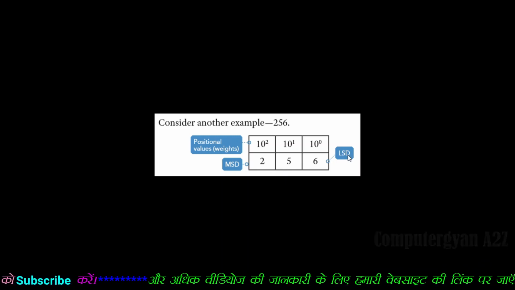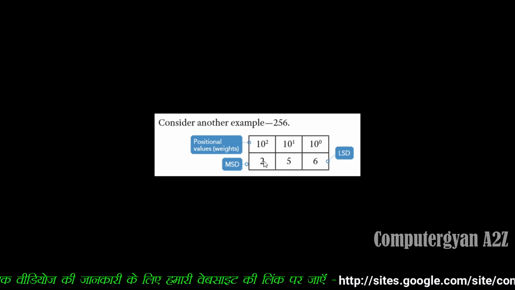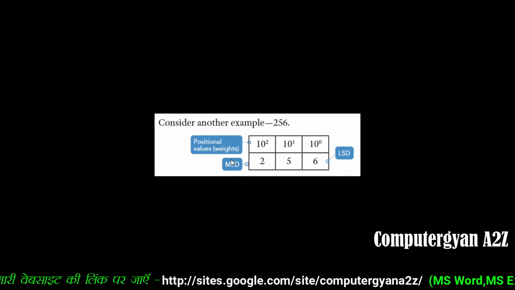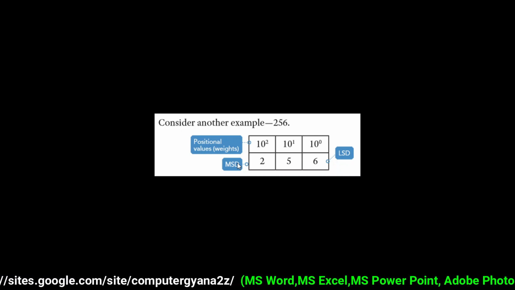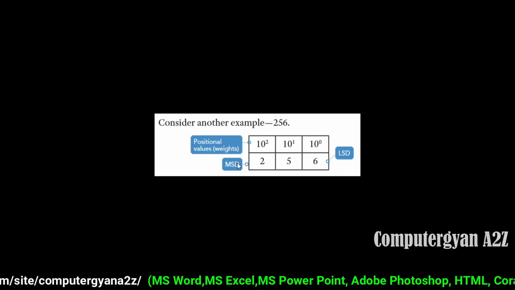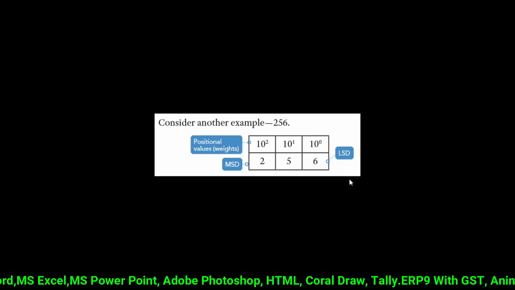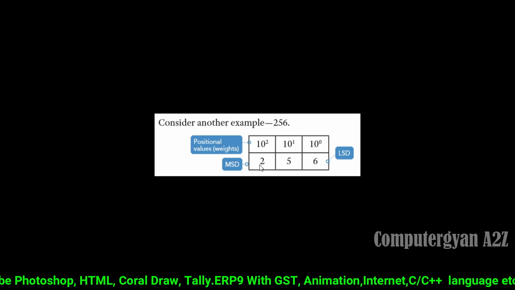Therefore, it is called the least significant digit. The leftmost digit has the maximum positional value or weight. Therefore, it is called the most significant digit. In the given example, 6 is the LSD and 2 is the MSD.